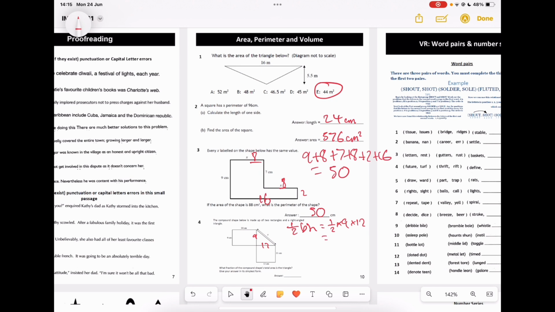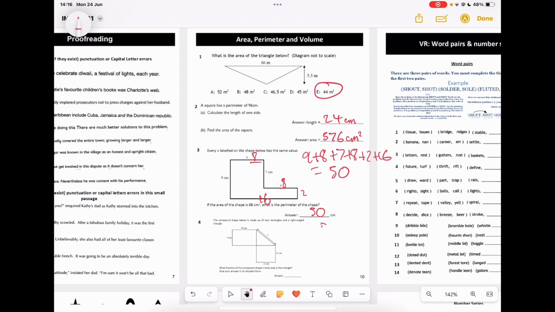From your times tables, you know that 9 times 12 is equal to 108. So we're doing 108 divided by 2. So 108 over 2 is going to be 54.